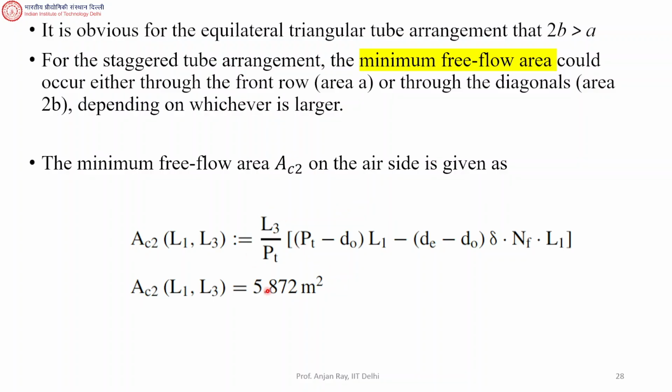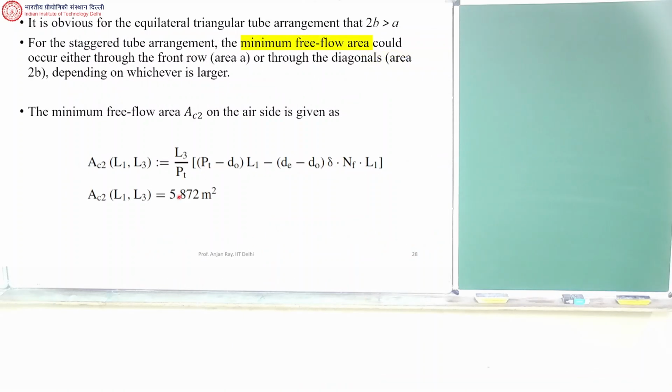Again, what is L3 over PT? The first thing that, when we are talking about geometry, we spent half an hour on geometry in the last class. So what is L3 over PT? It's a number. L3 over PT is a number of tubes in the first row.